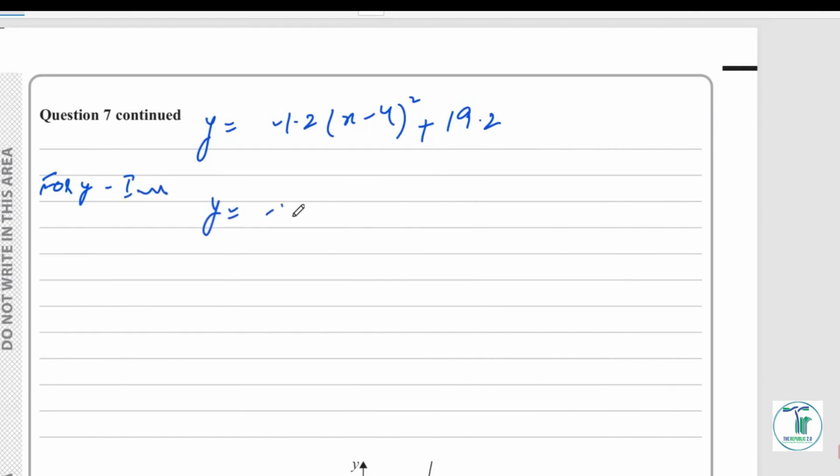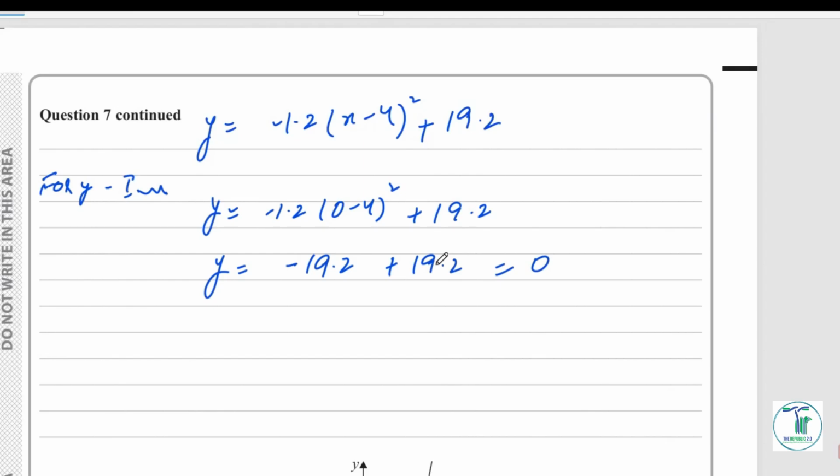So negative 1.2 times (0 minus 4) squared plus 19.2. That is negative 1.2 times 16, which is negative 19.2, plus 19.2, and that comes out to be 0.